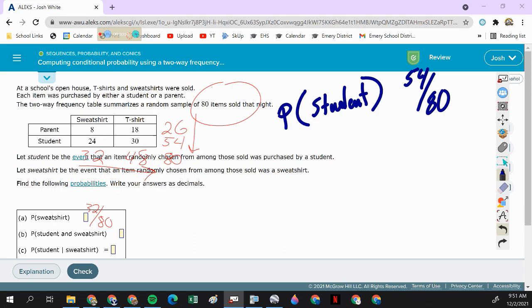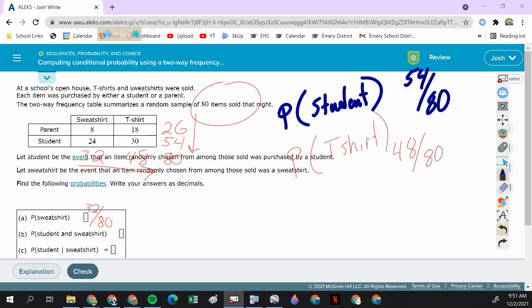Does everybody understand that? Yeah, we'll get there. Okay? What is the probability of randomly picking a shirt, a t-shirt? So that would be 48 out of 80.